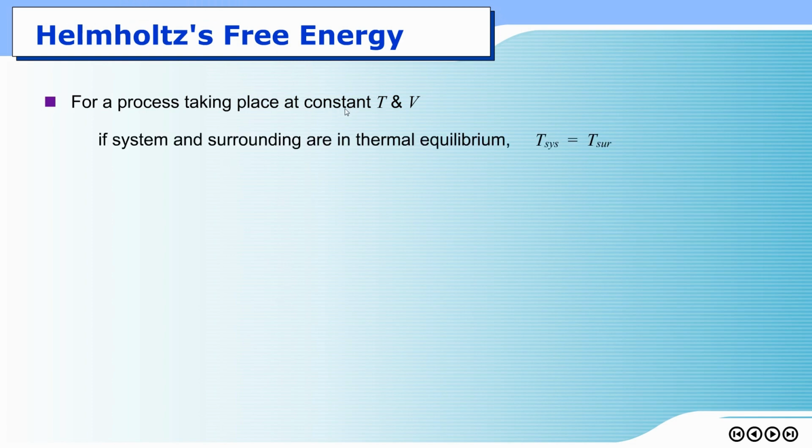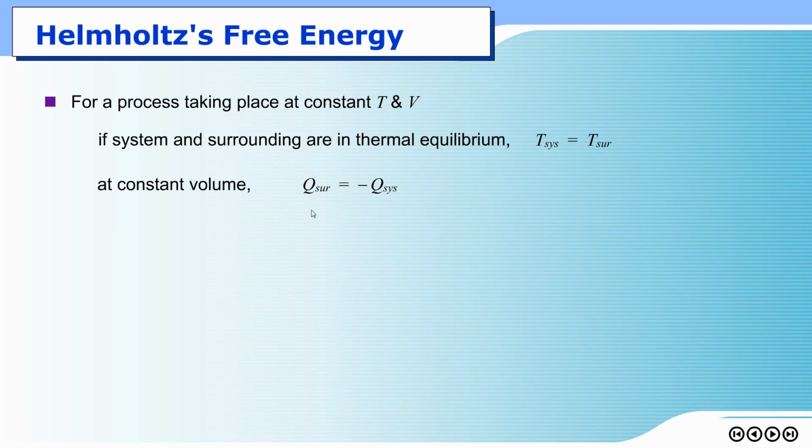Again, under the constant temperature and now constant volume assumption, the same thermal equilibrium assumption between system and surroundings must still hold. T system is equal to T surrounding. Heat released from the surrounding should have the same magnitude as heat entering the system, or vice versa.